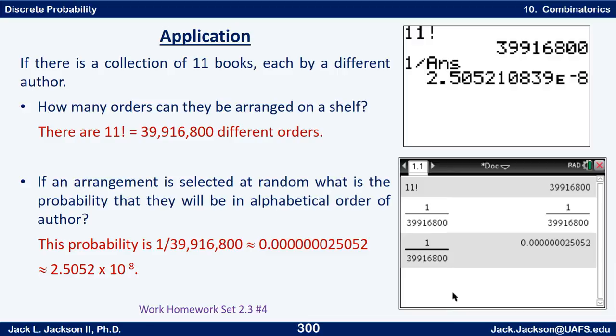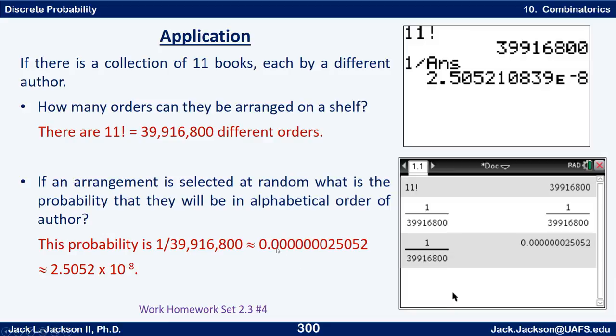If an arrangement is selected at random, what's the probability of being in alphabetical order? Well, alphabetical order is only one of those nearly 40 million choices. So the probability exactly is 1 over 39,916,800. Or if you do it in decimals, that's approximately, let's see, should be 7 zeros and a 2.